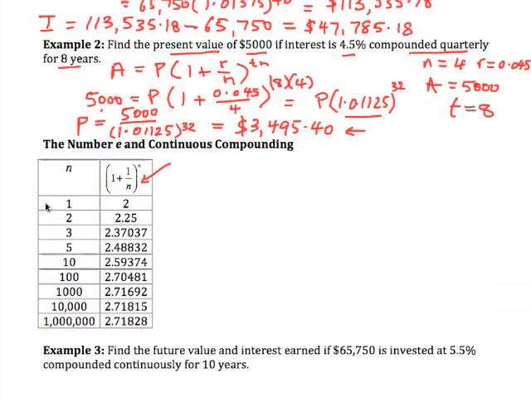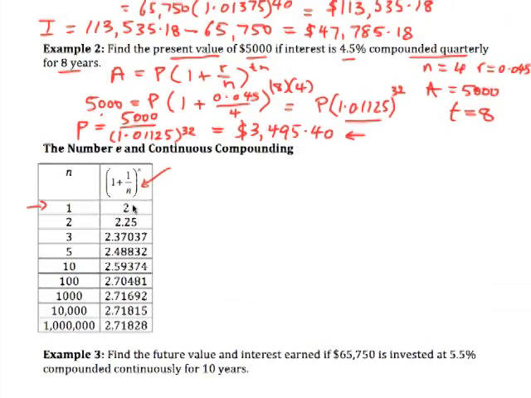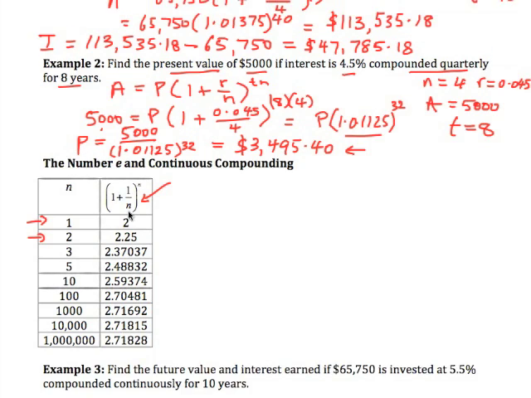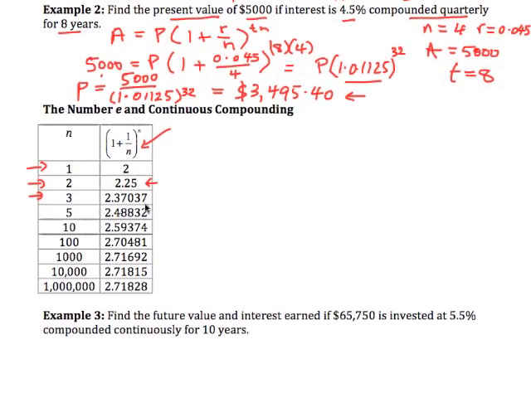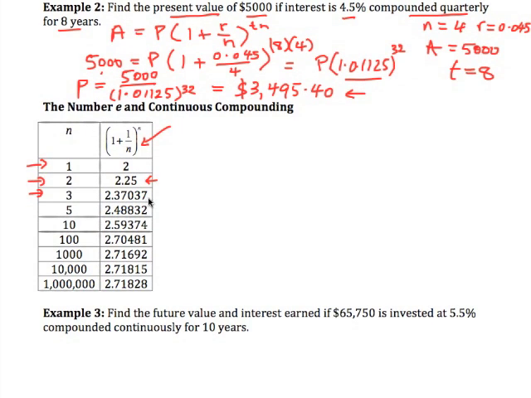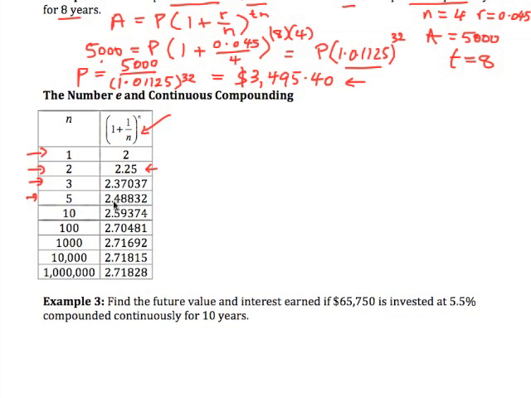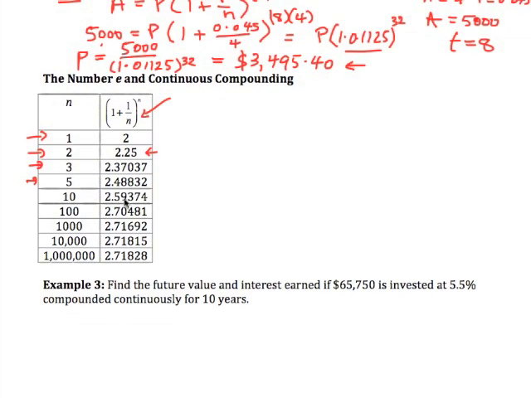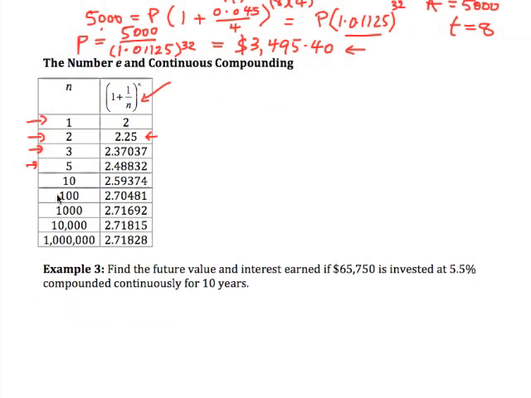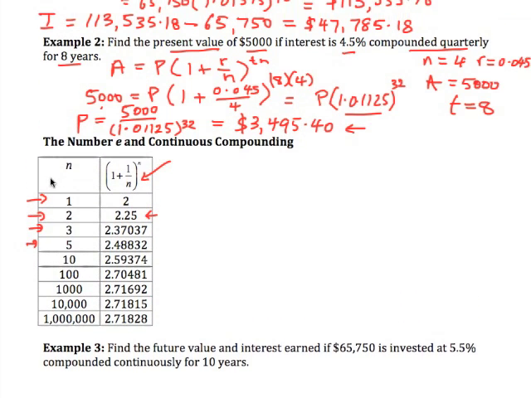Then I start taking values of n: 1 gives me 2, 2 gives me 2.25, 3 gives me 2.37037, 5 gives me 2.48832, 10 gives me 2.59374. So my n's are getting larger.